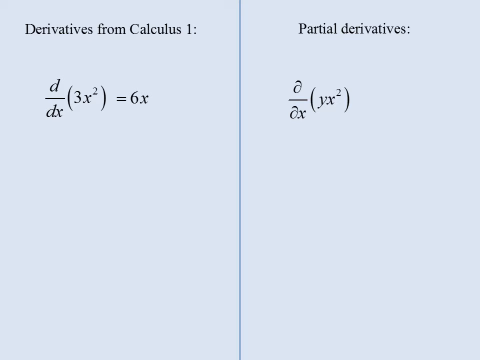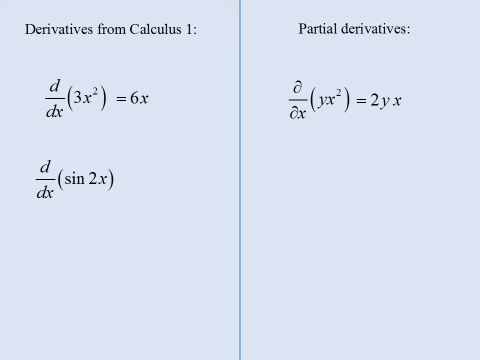We want to, in our mind, envision the y just like it's the 3. So this is basically like 3x squared. We're doing the derivative of some constant times x squared. Well, by the power rule, that's 2 times the constant times x to the first, which in this case would be 2 times y times x to the first.